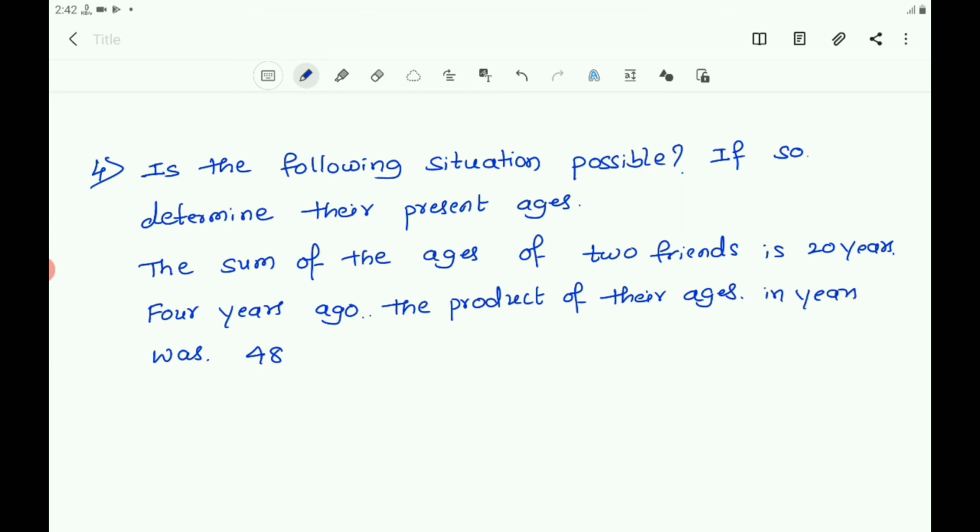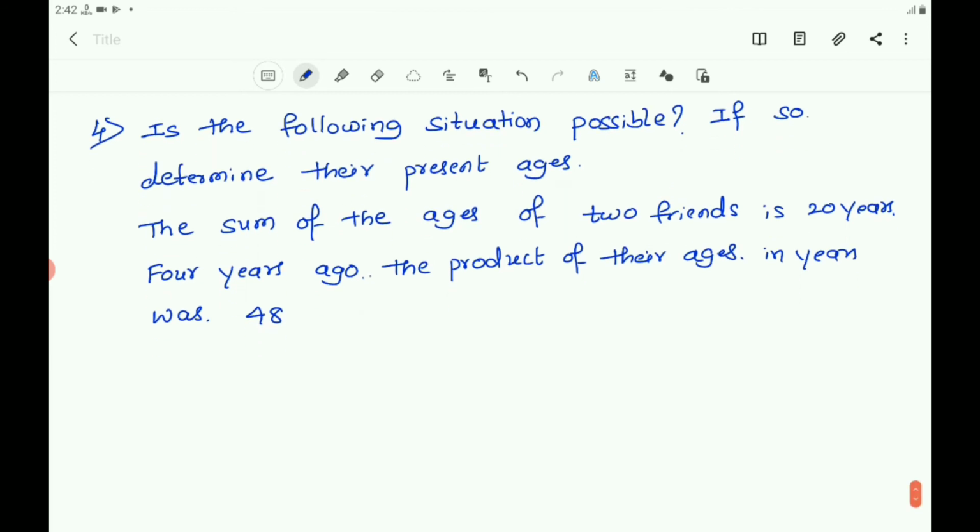Now let us form the equation here. Sum of the ages of two friends is 20 years, means here age of one person is x, then the age of other person becomes 20 minus x.